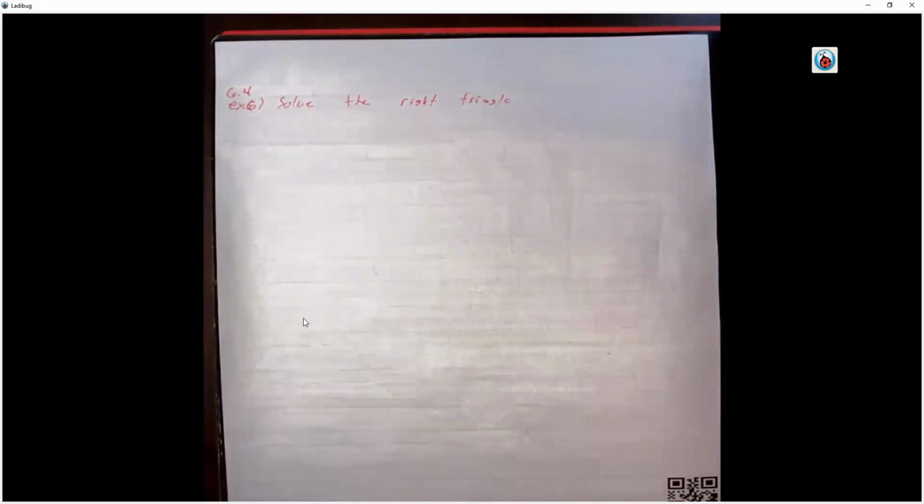It wasn't anything crazy. Once we stopped using right triangles, we had to do log sines, log cosines. So this one should be an easier type.